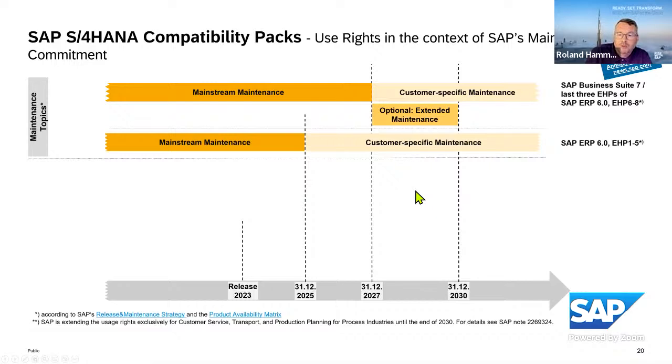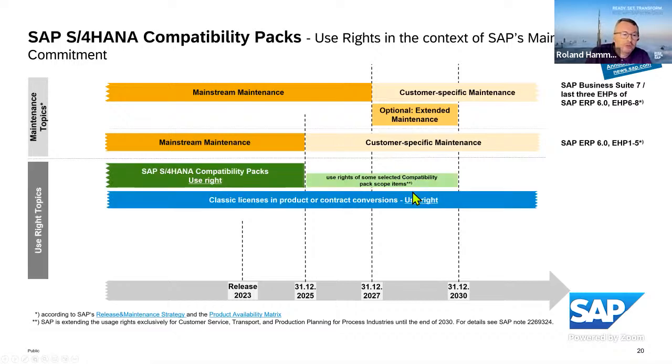When we now try to map this information on the use right topics, that means on the compatibility packs, you see the S/4HANA compatibility text, that means the use right to use classical ERP functionality in an S/4HANA system, ends by end of 2025. Only some selected compatibility scope items, and you see the footnote here, and I will list this in a second, will have use rights extension until end of 2030.